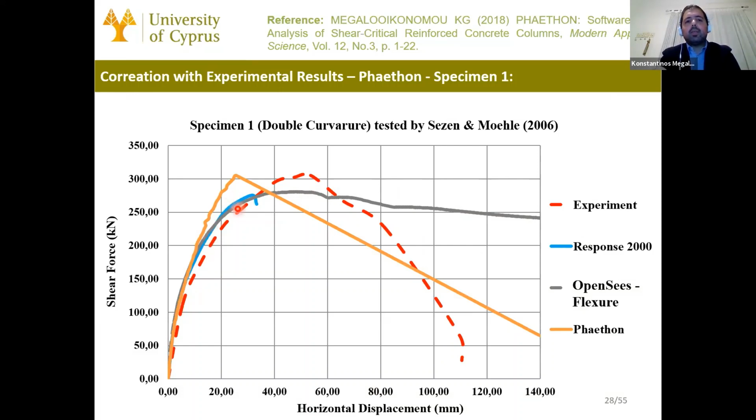With blue, you can see what the famous program by the University of Toronto, incorporating modified compression field theory and dual section analysis, gives, and it captures the initial branch of the response. And you can see with the orange what Python gives. You can see that it captures the maximum load, but it's more conservative regarding the displacements. And we can examine why this happens.